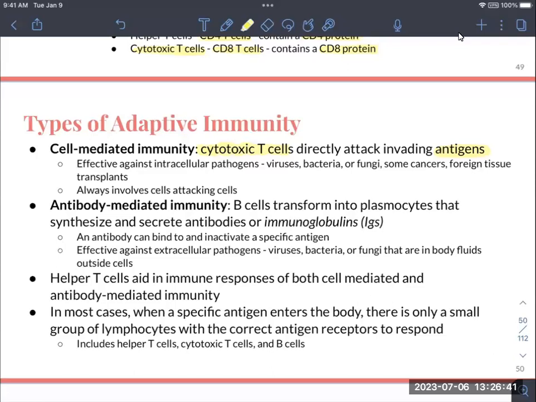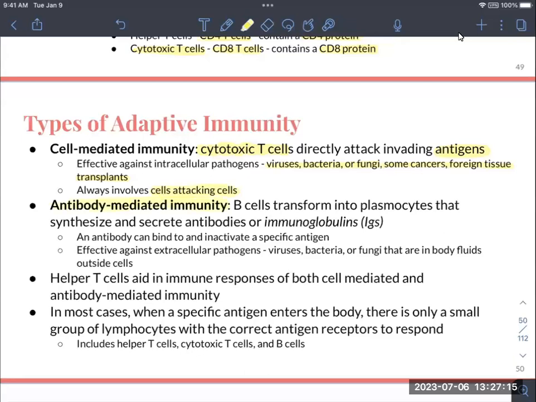This allows us to attack against viruses, bacteria, and fungi, even some cancers, foreign tissue transplants. This is how important it is to match up specific tissues when they do organ transplants, because our immune system can come in and attack. So cell-mediated immunity with cytotoxic T cells is always cells attacking another cell.